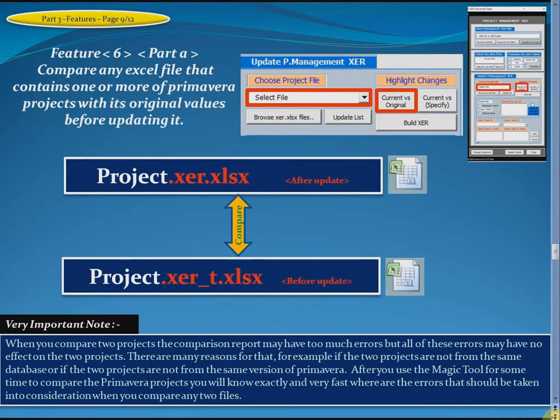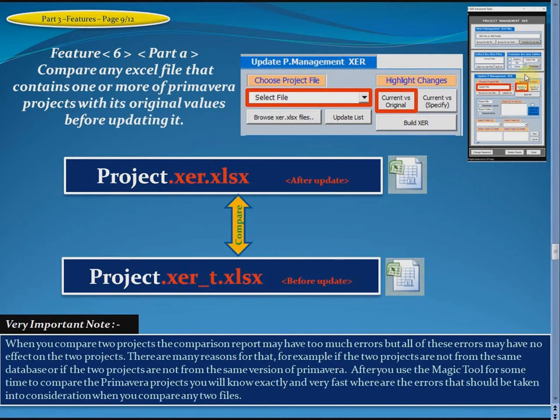Feature number 6, after updating the project file by adding or removing or modifying some records, you may need another 3 features in this part of the magic tool. Part A, you may need to compare the updating project file with the original file.